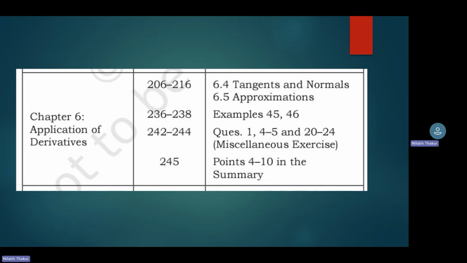Page number 242 to 244, question number 1, 4 and 5, and 20 to 24, you need not practice. Page number 245, summary points 4 to 10, you can skip.